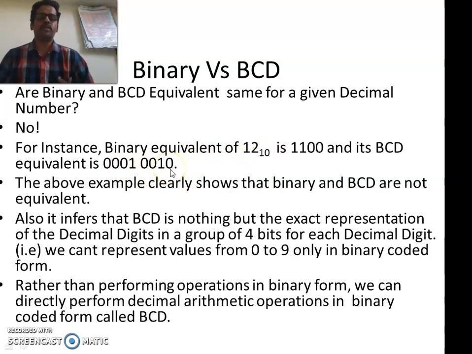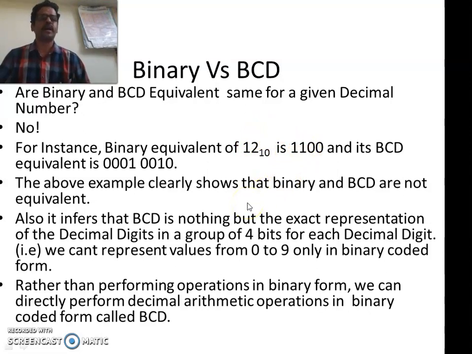So now the question arises, which can be understood easily, the binary form or the BCD form? Understanding the number in BCD form is very easy, since it is an exact representation of each digit of a decimal number, but that is not the case with the binary equivalent.